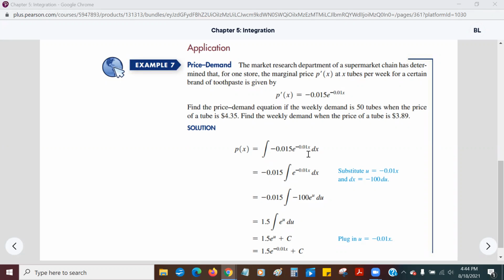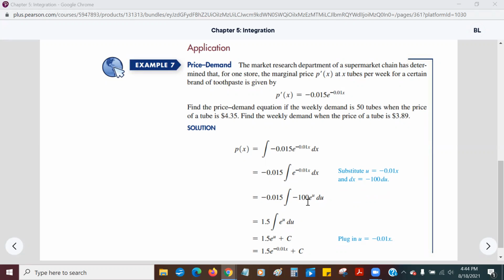So I have a composite function here, and what I'm going to do is substitute. I'm going to let u equal negative 0.01x, which means dx is equal to negative 100 du. So this is the integral of negative 100 e to the u du.